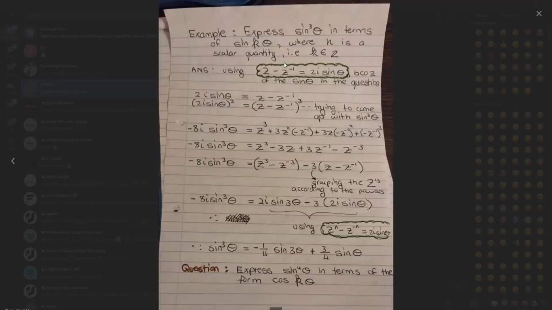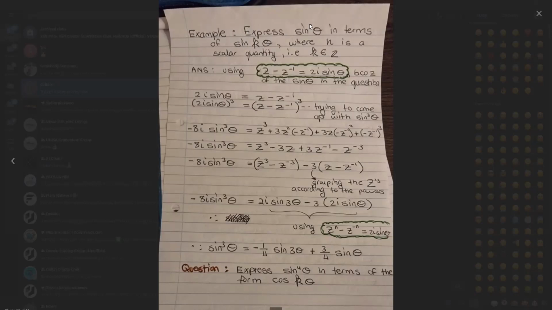Yeah, so this one comes up. This is how they ask: express sine 3 theta in terms of sine k theta. So you remember the previous one, the one that you're coming from right now, it wanted you to express sine of whatever k, in that case it was 5, into something that didn't have k, or k was 1.